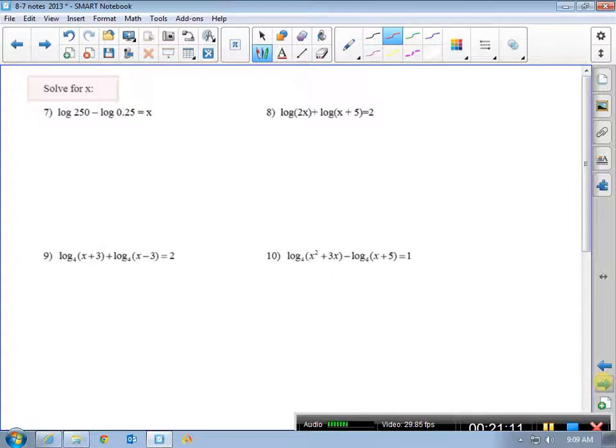They all look similar. We've got properties to deal with, and it looks like a single log on one side. Let's try number 8. Log of, the logs are added, so 2x times x plus 5 equals plain old 2. So this is a Ben problem because that 2 is the exponent that goes on 10.